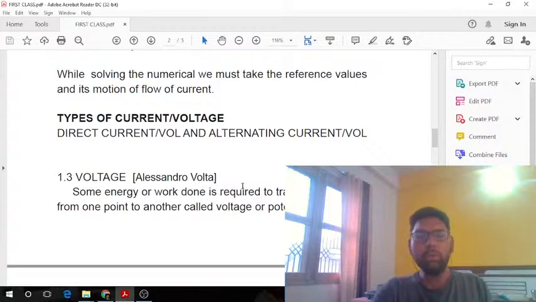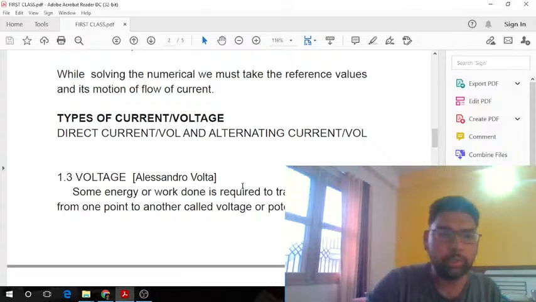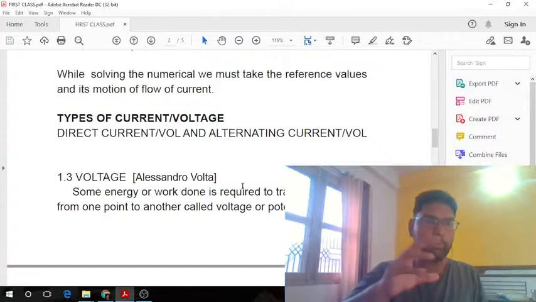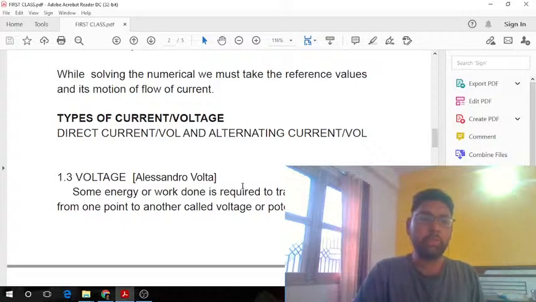Now, further moving on, we have the concept of voltage. That is also given by Alessandro Volta. Some energy or work done is required to transfer the electron from one place to another place.